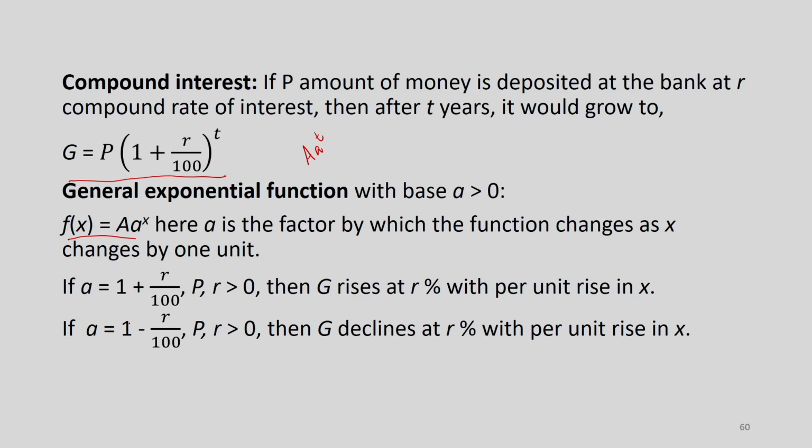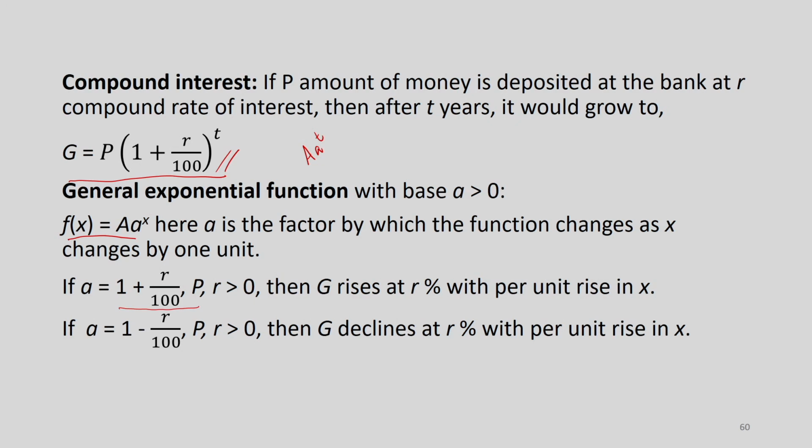If small a is equal to 1 plus R divided by 100 and suppose P and R are positive, then G rises at R% with per unit rise in x. So, just imagine, compare this with this formula, then it will become very clear. On the other hand, if A is equal to 1 minus R divided by 100, so here I am considering basically it could be that R is negative, right.